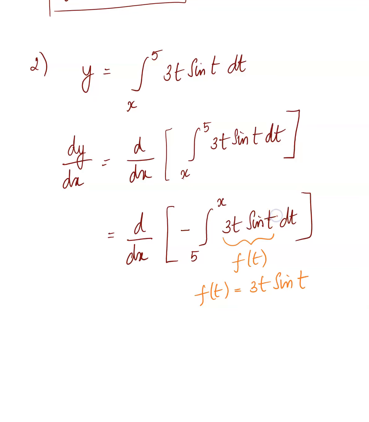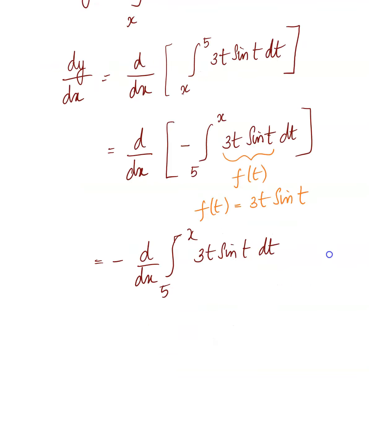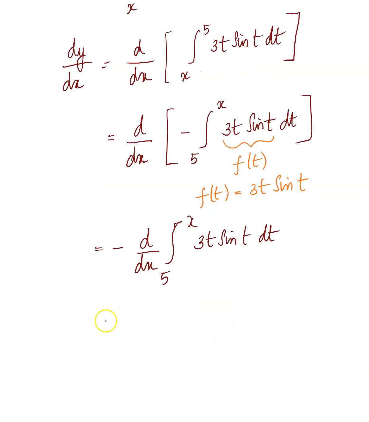That's going to be negative d over dx of the integral from 5 to x of 3t sine t dt, which is negative f of t. F of t is 3t sine t, but the formula says it's f of x. So in place of t, we plug in x, giving us negative 3x sine x.